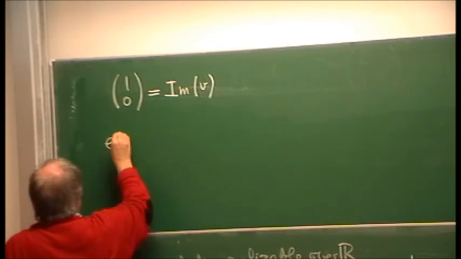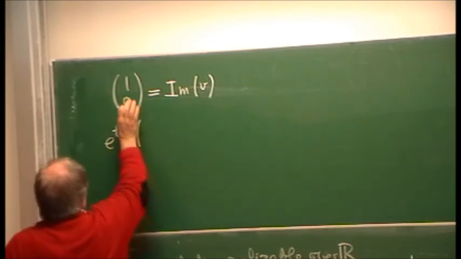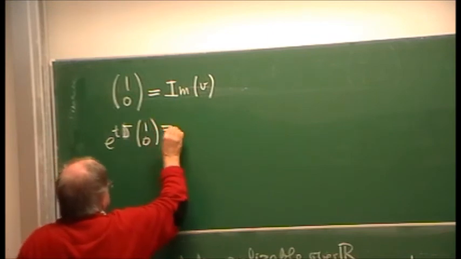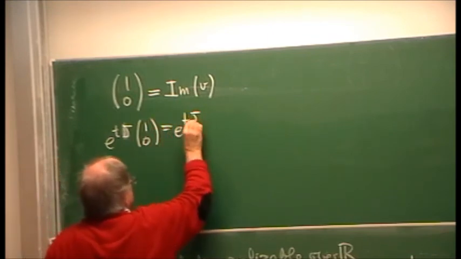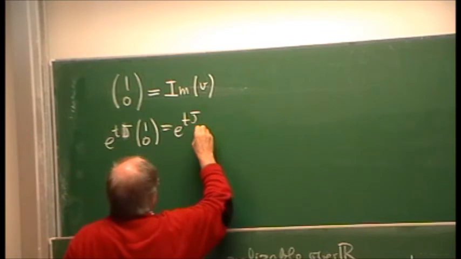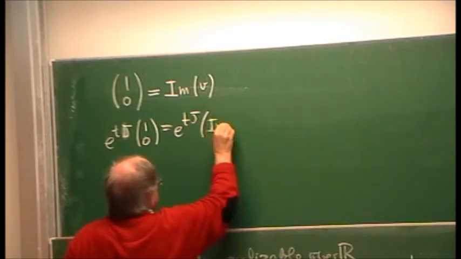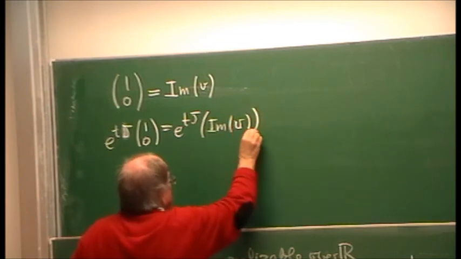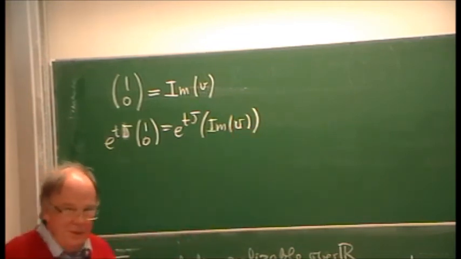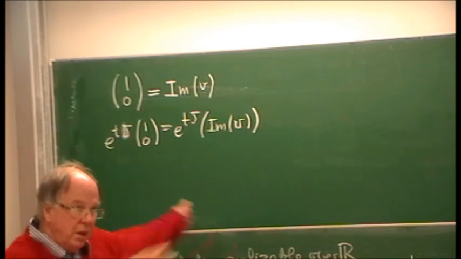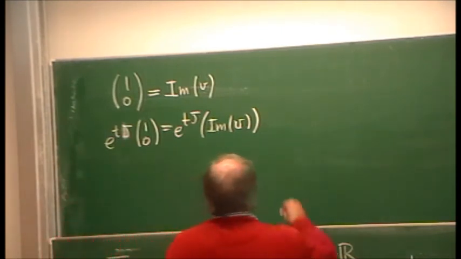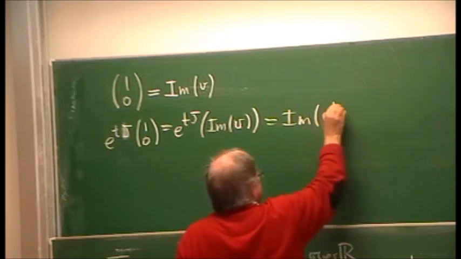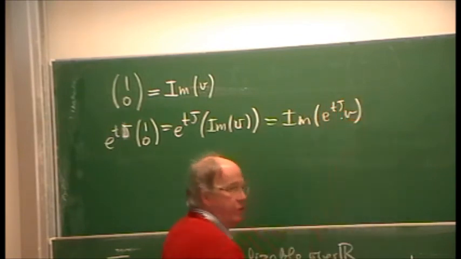So e to the tJ times the imaginary part of this thing. Okay. Let's just be brutally formal. This is the imaginary part of e to the tJ times v. Now, why could that be true?